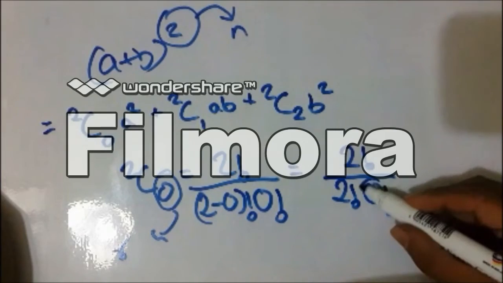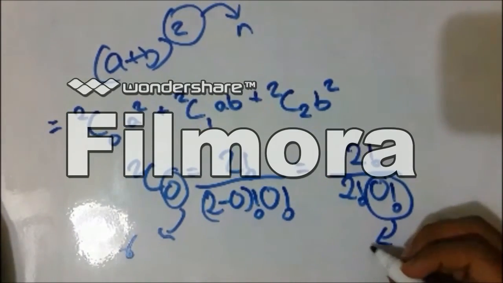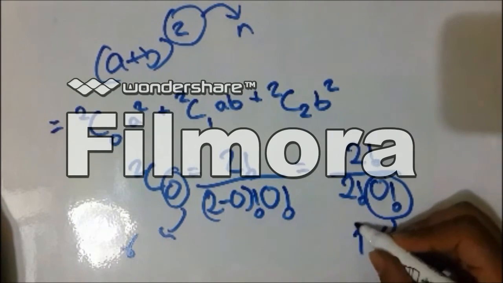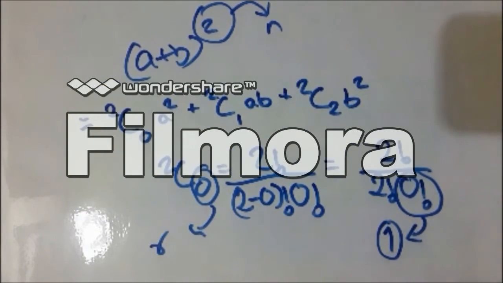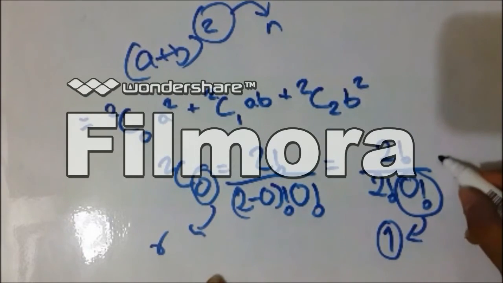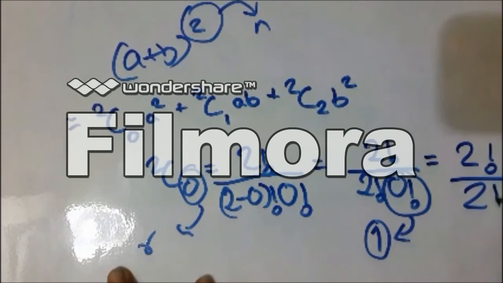Now you must be thinking that 0 factorial is equal to 0, but the thing is 0 factorial will always be equal to 1. Now here it becomes 2 factorial by 2 factorial, which get cut and is equal to 1.